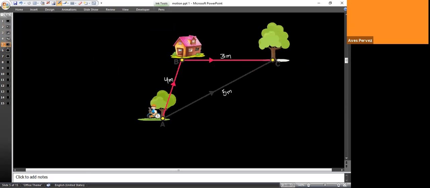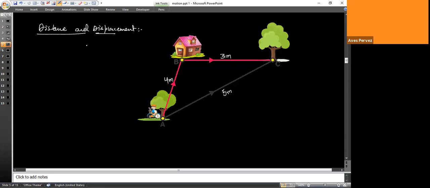So the next topic is, when we are talking about motions, we must understand distance and displacement. Why are we studying distance and displacement?